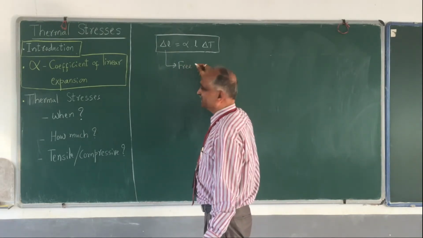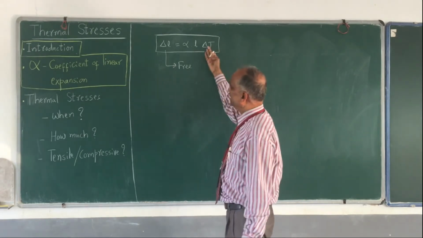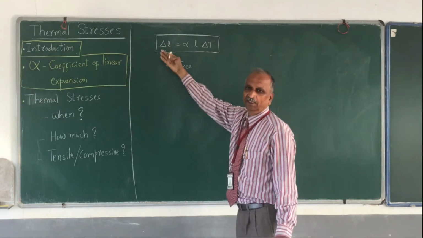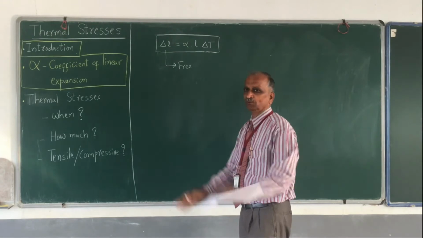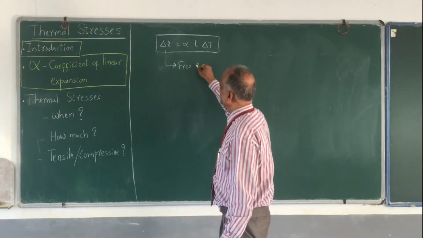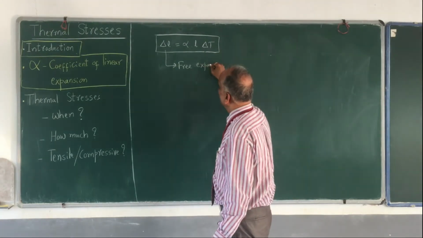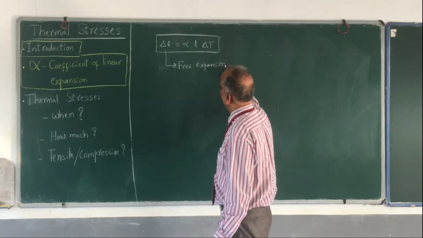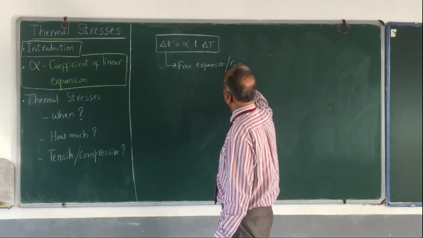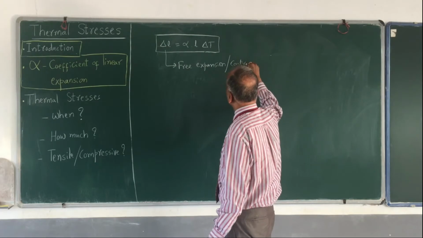Of course, it can be free contraction also. If delta T is negative, then delta L also is negative, that means the length is going to decrease. So it can be free expansion or contraction.